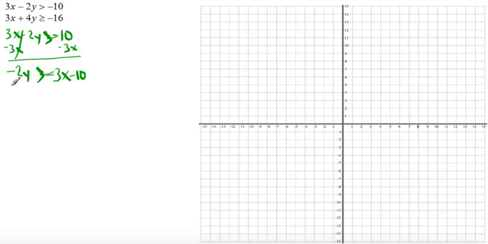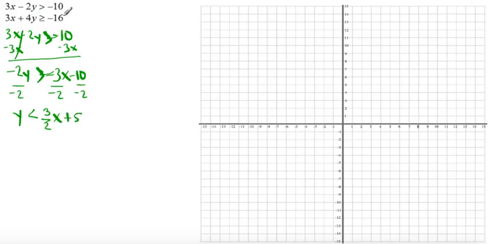I have to get y by itself, so I divide everything by negative 2. So y is less than, since I divided by a negative, I have to flip my inequality symbol. y is less than negative 3 divided by negative 2 is 3/2 positive x. And then negative 10 divided by negative 2 is positive 5.